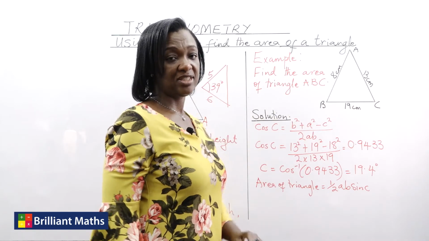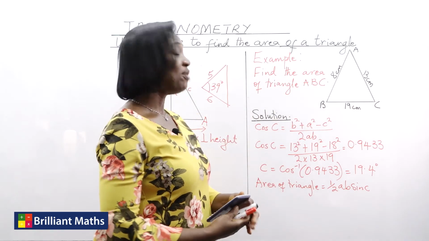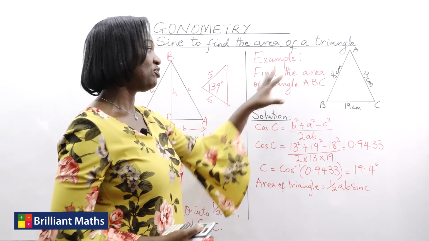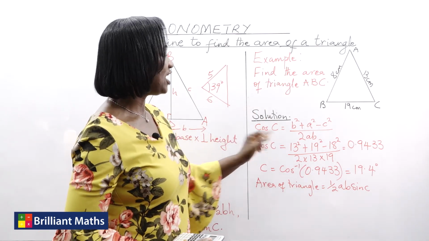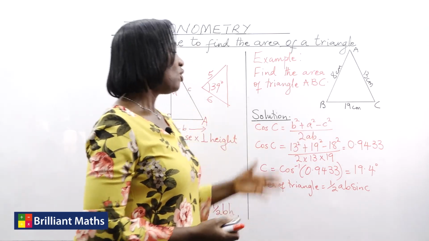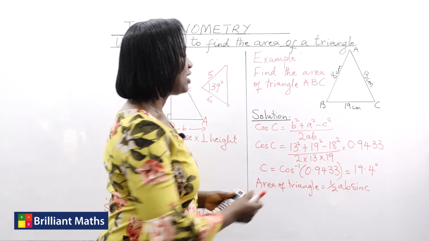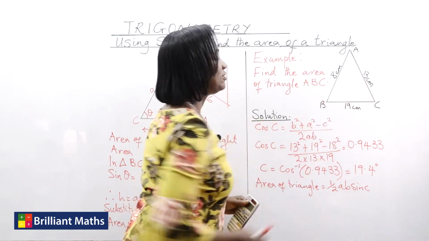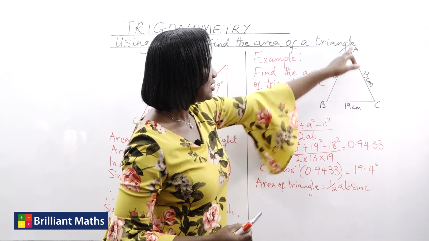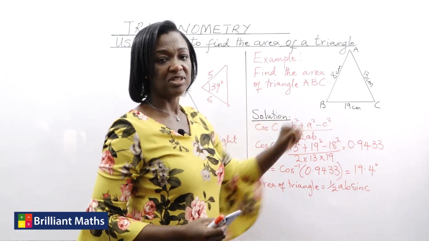And we know the formula to find an angle using the cosine rule when we have the three sides. So cos C is equal to b squared plus a squared minus c squared. Where is our b and a? Our b is 13 centimeters and our a is 19 centimeters.